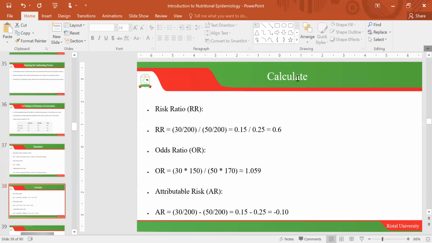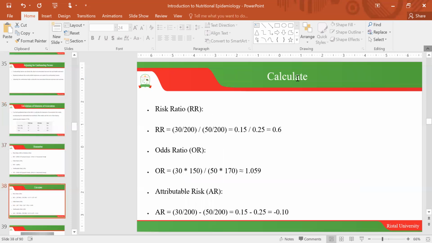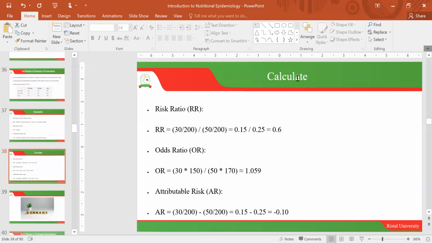As long as you draw this table, which is what you call a 2x2 table, the values are automatic. Draw it very well: the risk factor and then the health outcome, yes or no. Put those figures properly, and you will not have any difficulties in calculating relative risk, odds ratio, or risk ratios.